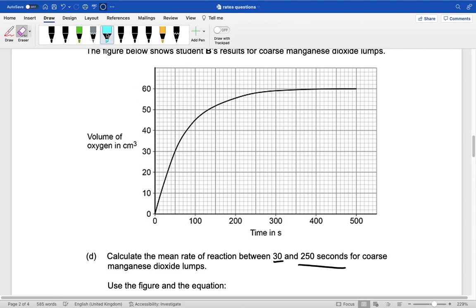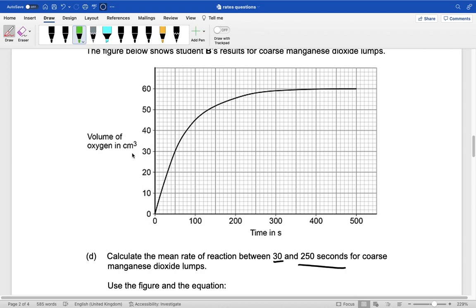Now, what it's asked me to do basically is to sketch on the graph. What's already here is a graph for coarse manganese dioxide lumps, and it wants me to sketch a graph for fine manganese dioxide. So what it's basically asking is, do you know what an increase in surface area, by making the manganese dioxide fine, would do to the rate of reaction?